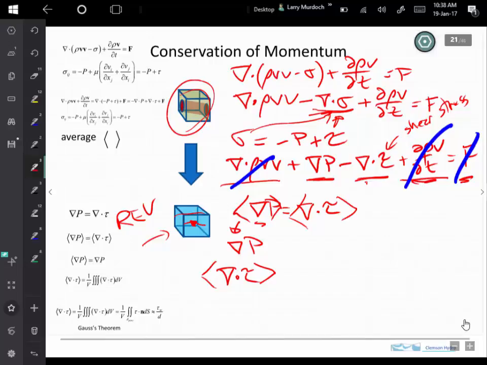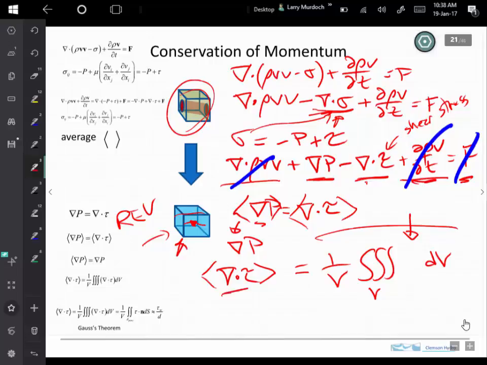So in general, we can take an average over this volume by doing this: a triple integral over the volume, and then there's dV. Whatever we put in there is going to be the average. So this is a general way to write an average.